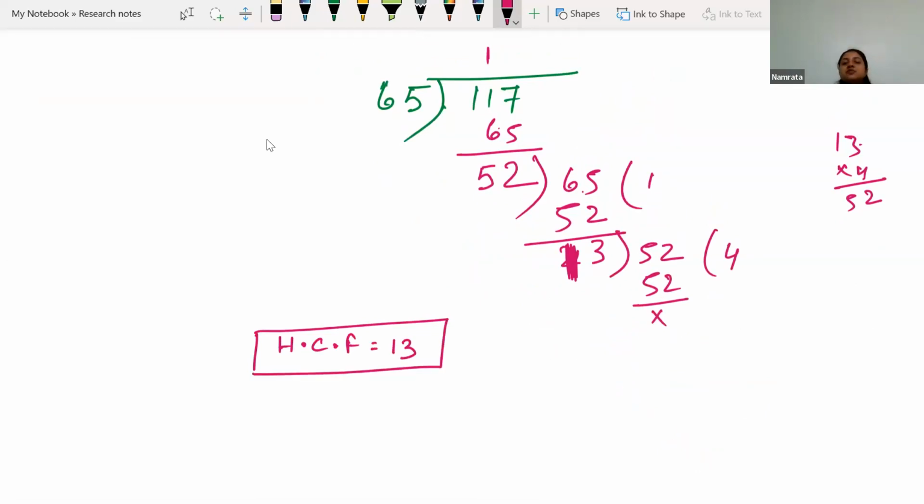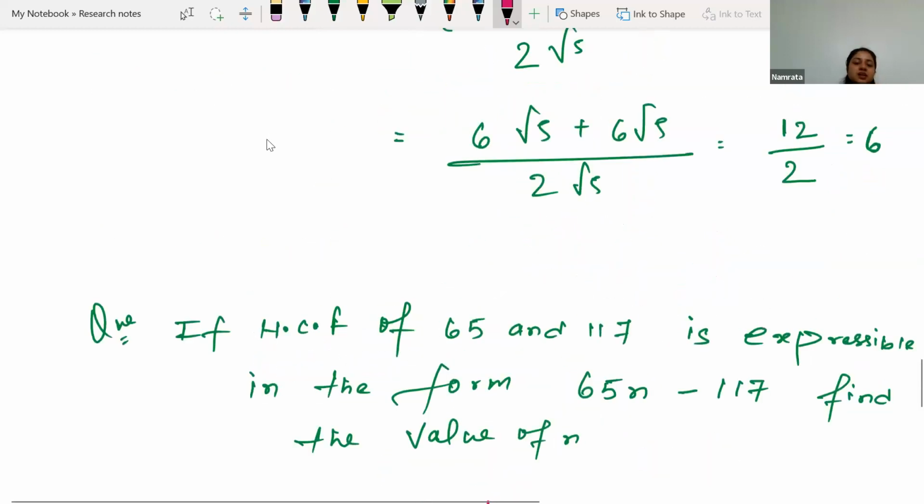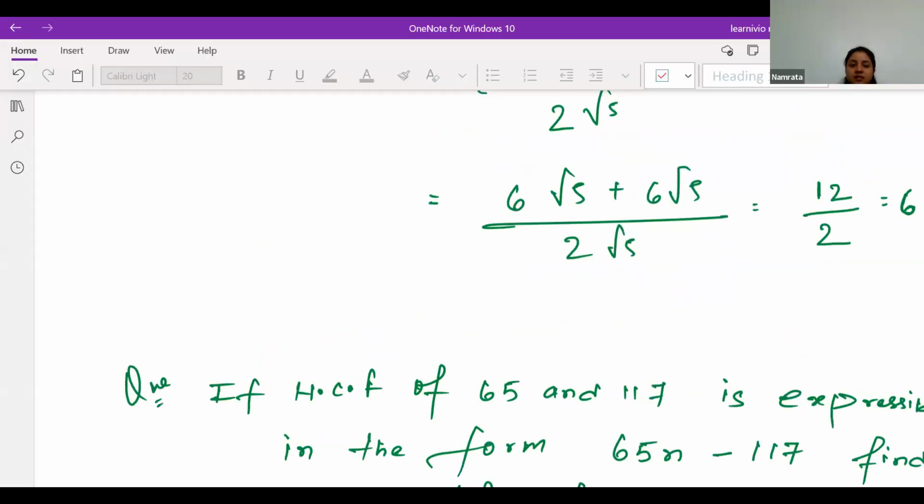Whatever method you use for finding the HCF, just check whether you are getting 13 or not. HCF of 65 and 117. It's what? Yes, Jasleen, 13, right?